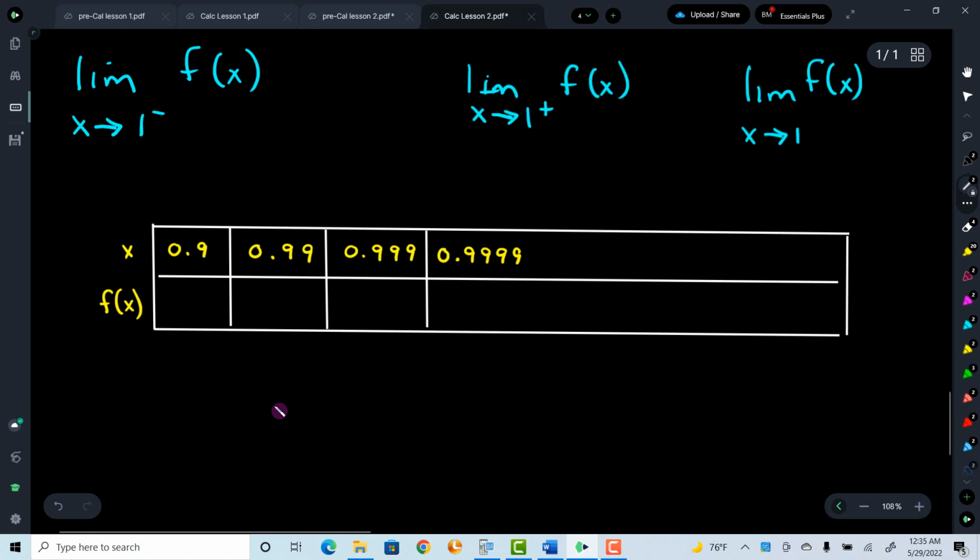Remember, I'm trying to find the limit as x approaches 1. This would have been 1 right here.